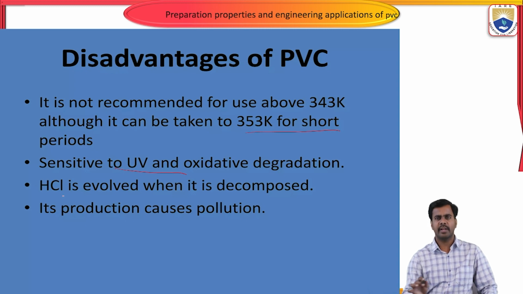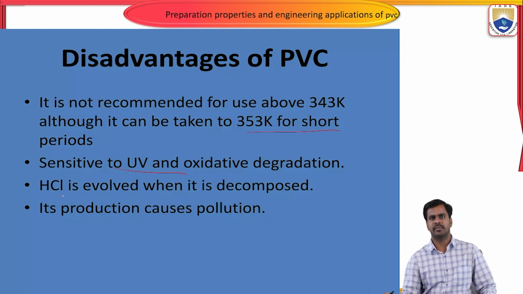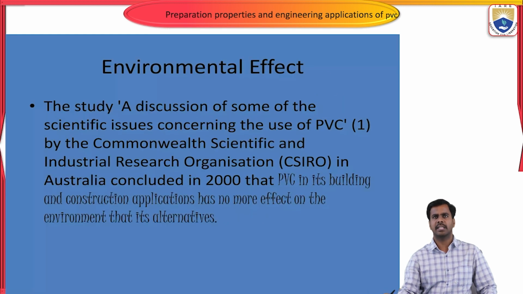During preparation of PVC, HCl is evolved when it is decomposed. Its production causes some hazardous nature to the environment and some environmental effect due to the use of PVC.